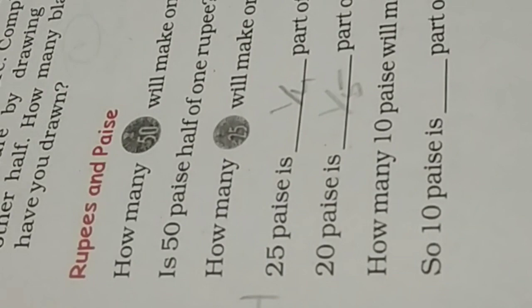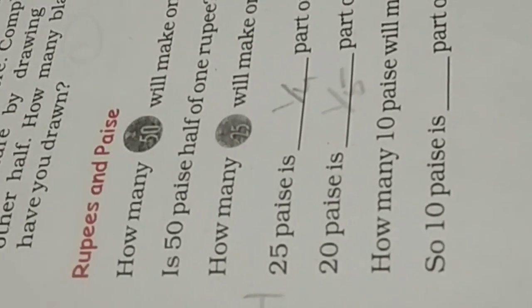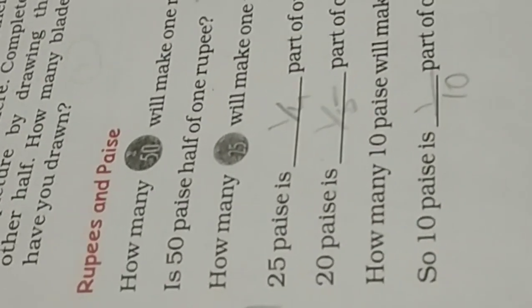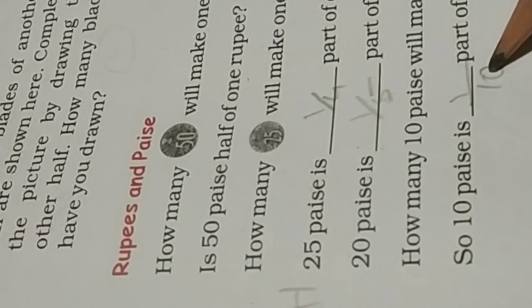That is, 100 divided by 10 will be 10. Okay, so we know that 1, 2, 3, 4, 5, 6, 7, 8, 9, 10. So we need 1 on 10. So clear for you? How many are needed? That many will be the denominator. Clear? The number of coins will be the denominator.